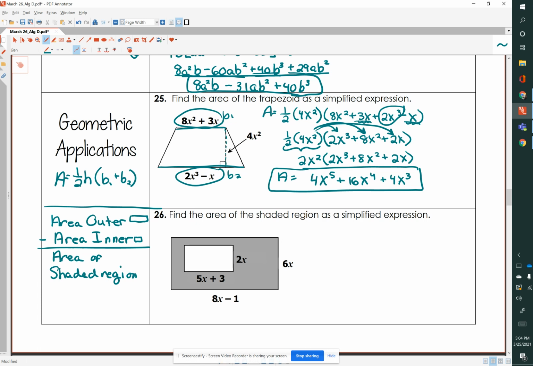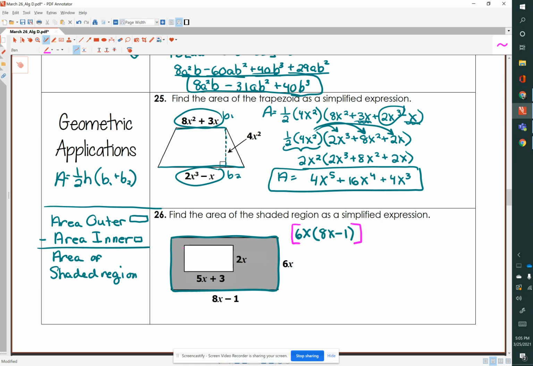And area is length times width. So we'll start out with the larger rectangle, and that is 6x times 8x minus 1. So 6x times the quantity of 8x minus 1. So furthermore, I'm going to put that in brackets.